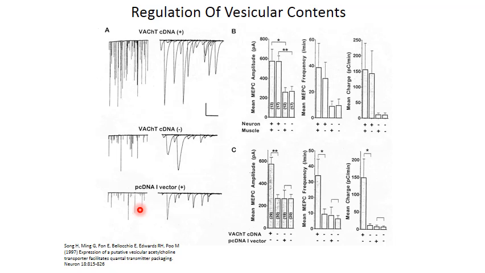They transfect neurons with an empty vector or cDNA containing the vesicular acetylcholine transporter. Actually, this is just the cDNA without that, so this is the negative control. So both of these bottom traces are controls.